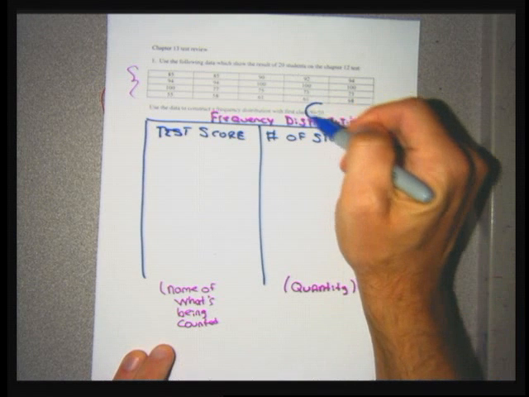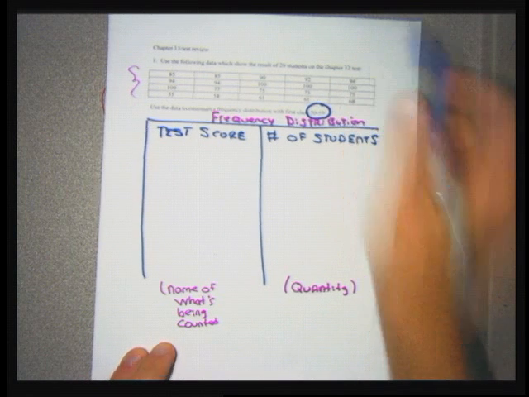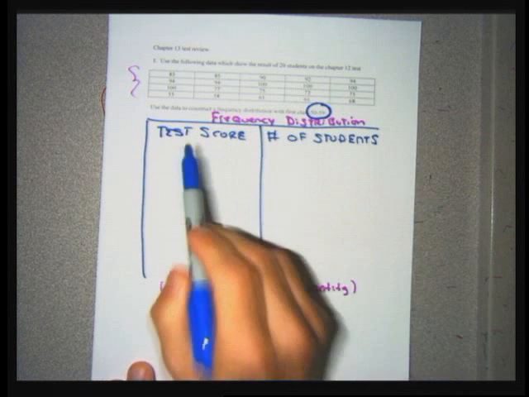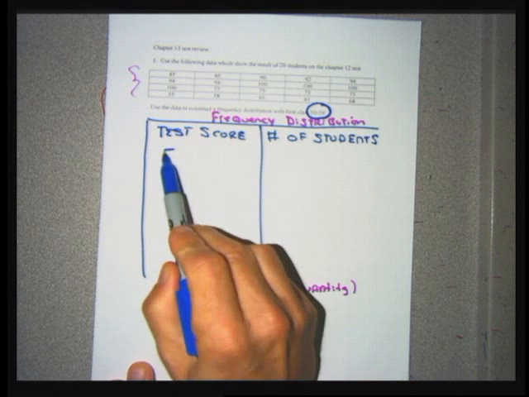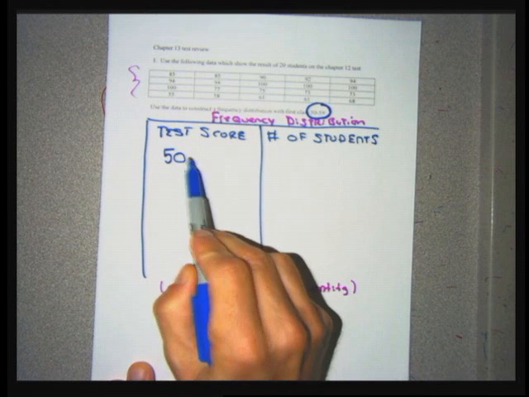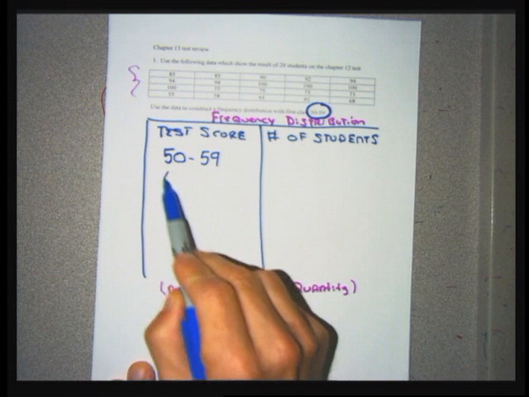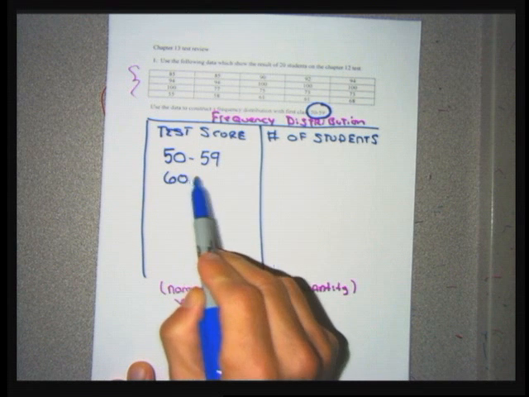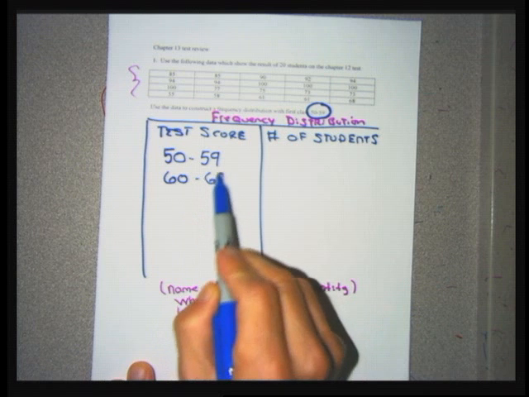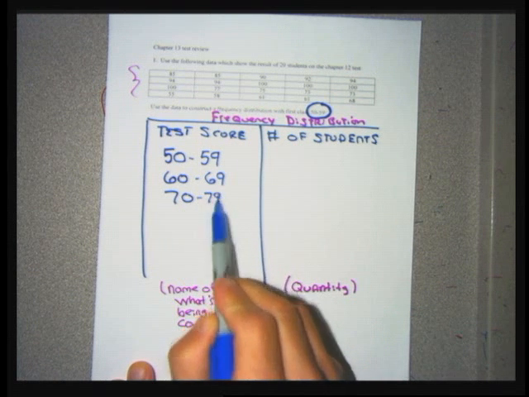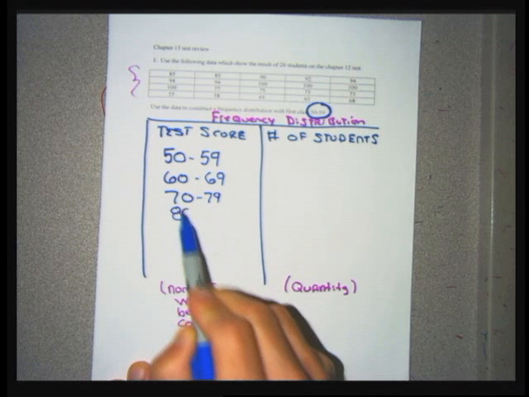And it tells me to make the beginning class 50 to 59. As I look at this, I don't see a test score over 100. So when I go to make this up, I'm going to go 50 to 59, which are kind of, I guess, the F's. And then it just seems natural to make it 60 to 69, 70 to 79, 80 to 89.